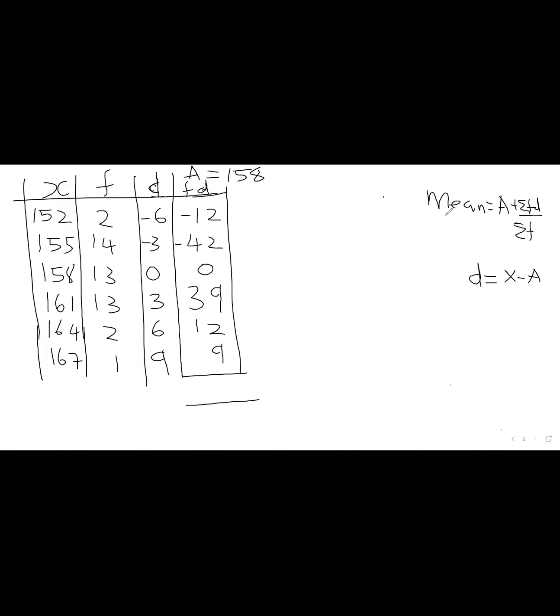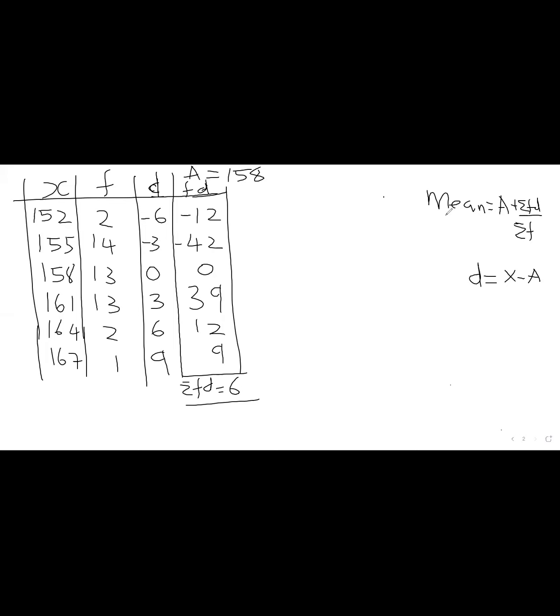So we are having 39 plus 12 plus 9 minus 42 minus 12. So what have you got? Positive 6. You can see how light the work becomes.